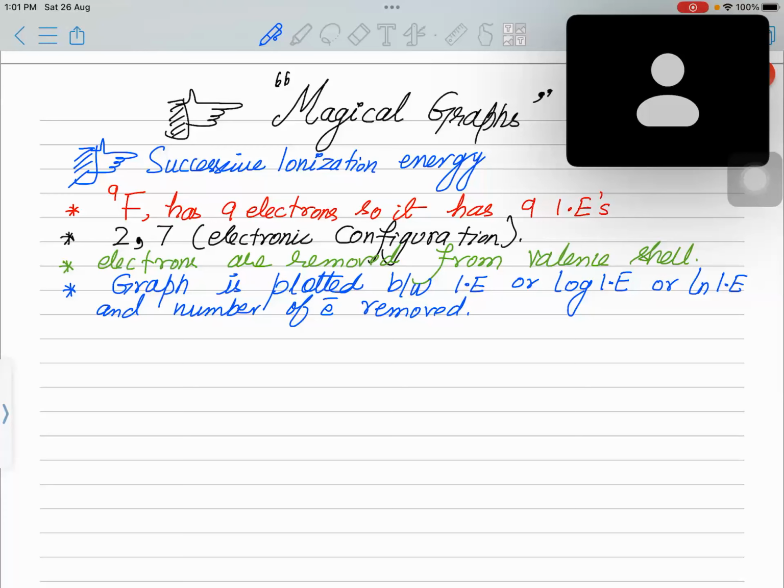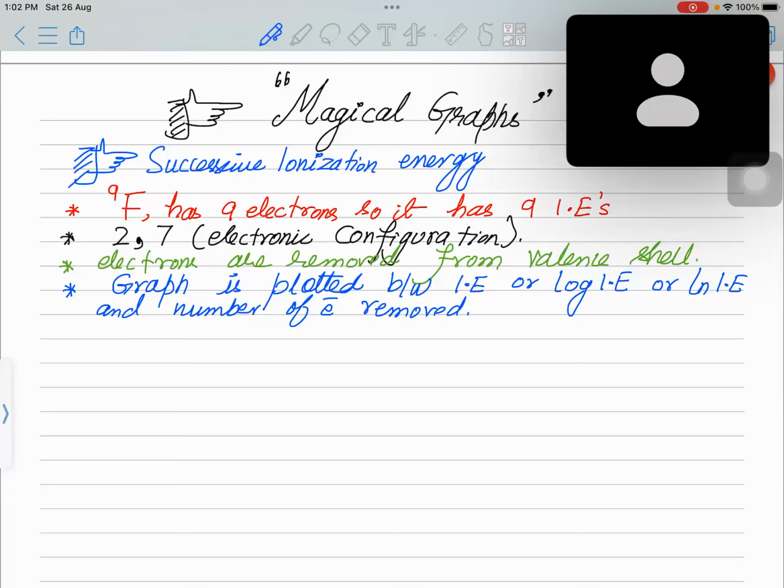No, it is the amount of energy required to remove one electron from a gaseous atom to form a gaseous plus one ion. Can you repeat this definition again? It is the amount of energy required to remove an electron from a gaseous atom to form a gaseous ion.